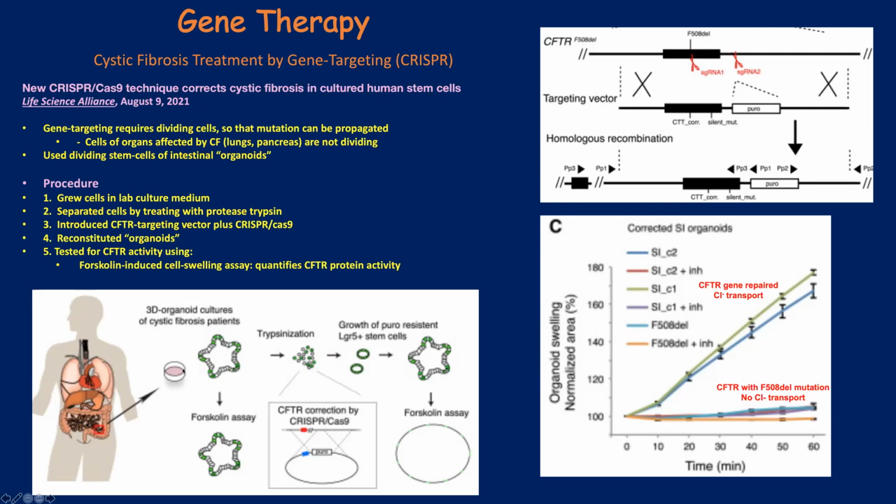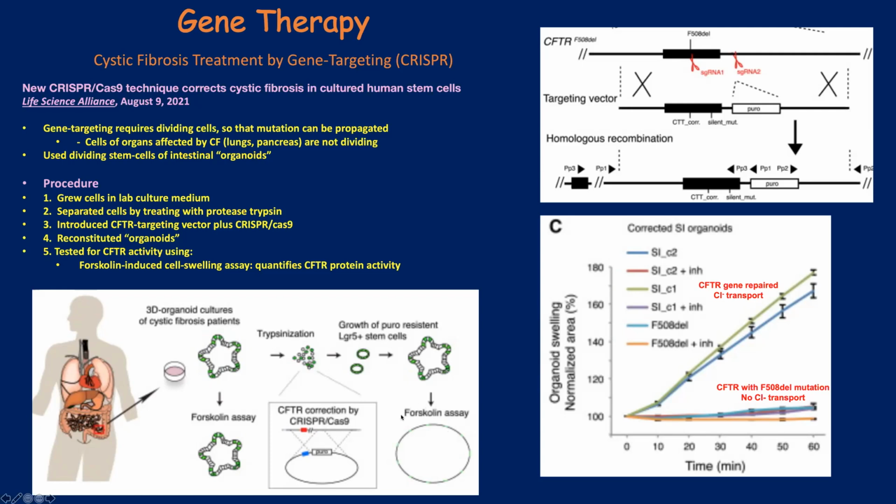Then these organoids were treated with a protease so that they'd be separate cells. So these are cells in a suspension, and then they were treated with CRISPR. CRISPR was designed to replace the mutant CFTR gene with a wild type sequence. Then the cells were grown again, and they stayed in culture.